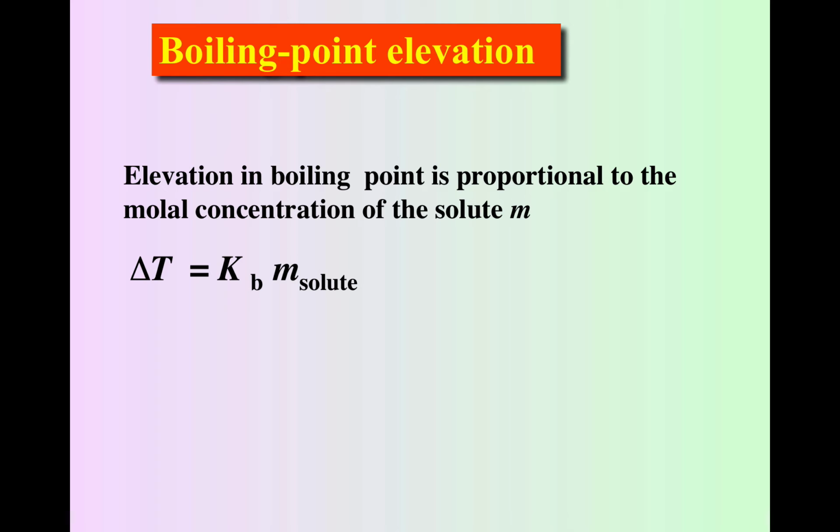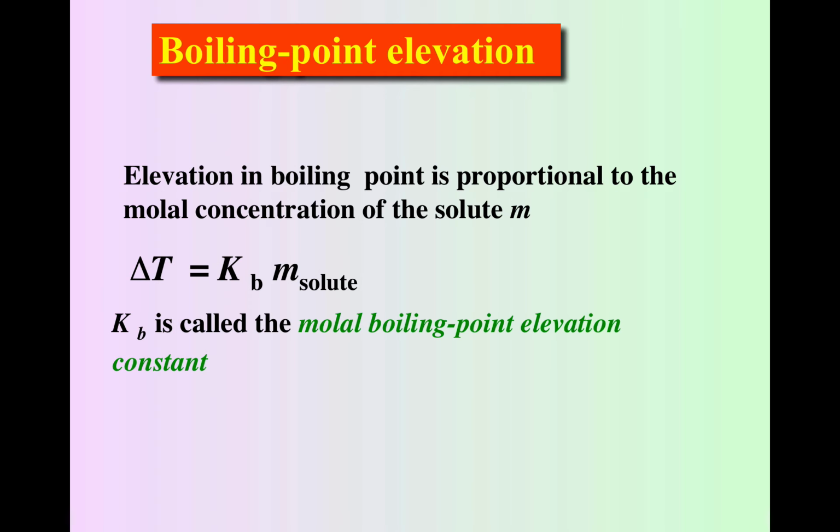We're increasing the temperature at which it boils, so we're raising the boiling point by how much will be equal to delta T: the boiling point elevation constant multiplied by the molality of the solution, moles of solute per kilogram of solvent.